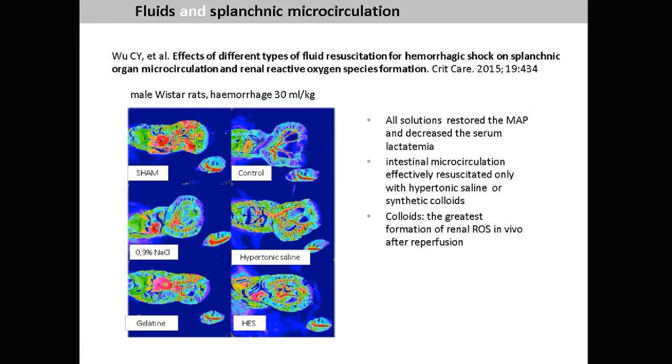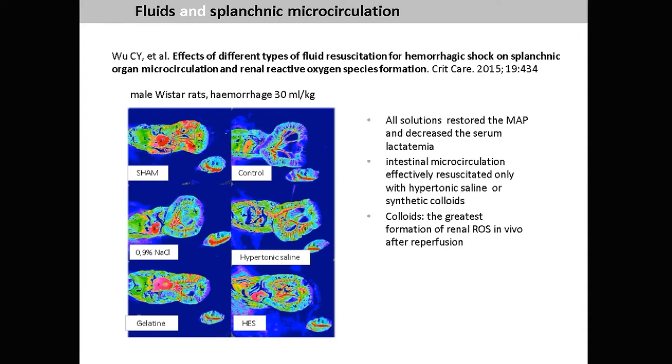Here are male Wistar rats, hemorrhage 30 mils per kilo, compared with normal saline, hypertonic saline, gelatin and HES, and all the solutions restored mean arterial pressure after the hemorrhage. However, the intestinal microcirculation, which is seen here, this is intestine, and this here is a good microcirculation, was well resuscitated with hypertonic saline and colloids, but not with isotonic crystalloid.